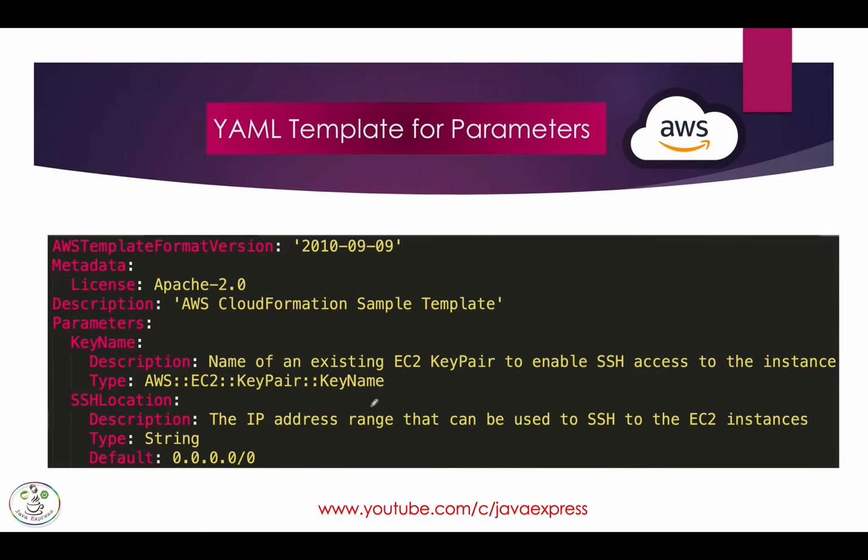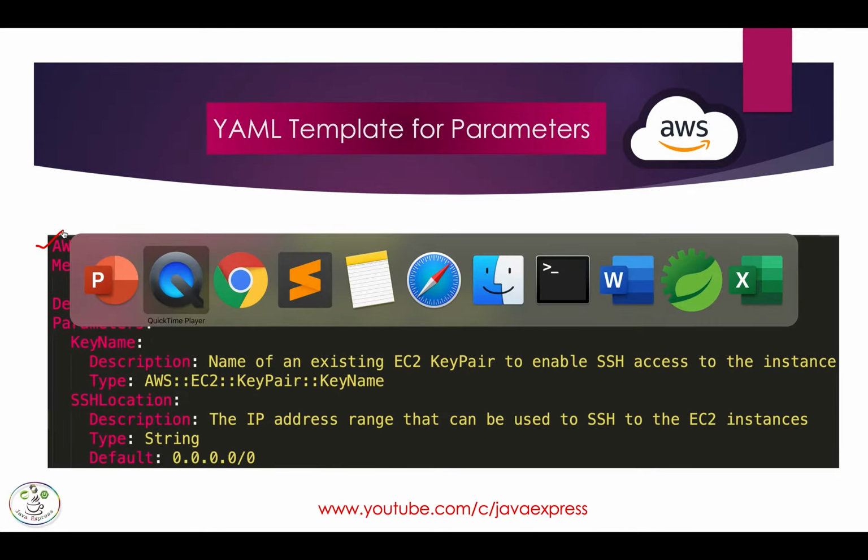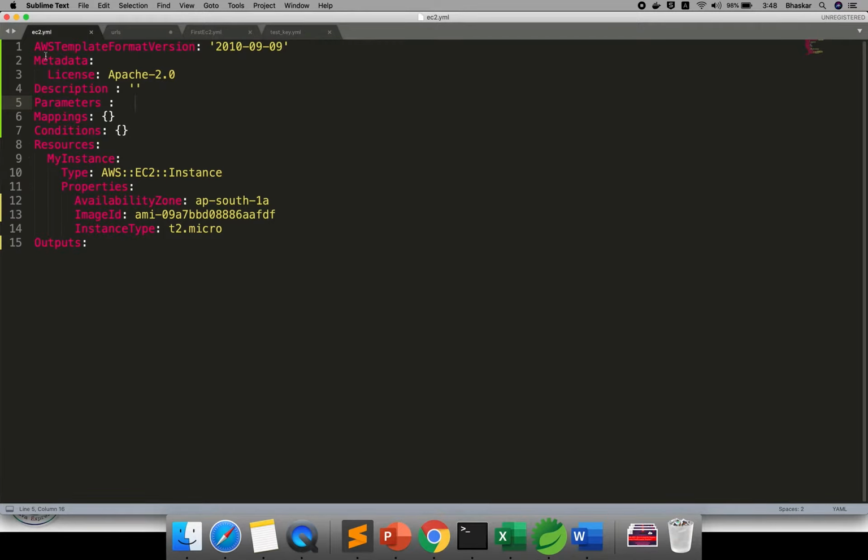Now the YAML template for the parameters. You already saw the GUI in my previous slide, right? As I promised, this is your first tag. Let me open a template here. See guys, these are the 8 tags allowed inside your CloudFormation template design.